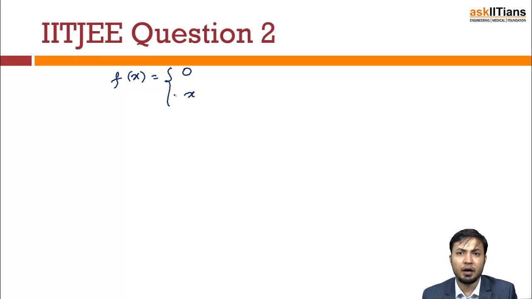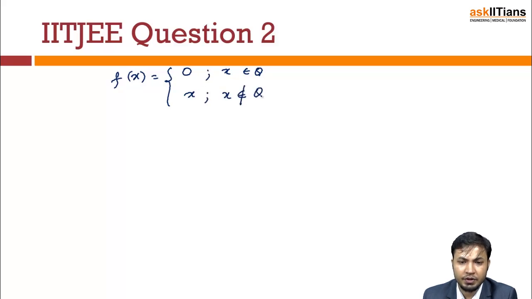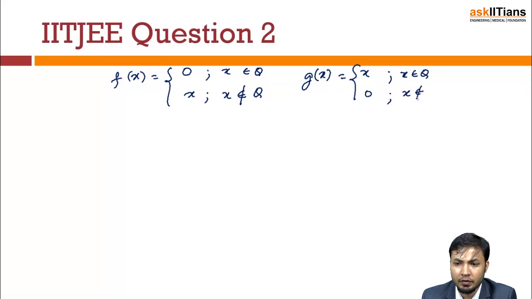So it becomes 0 when x belongs to rational numbers and x when it belongs to irrational numbers, and vice versa is the case for g.